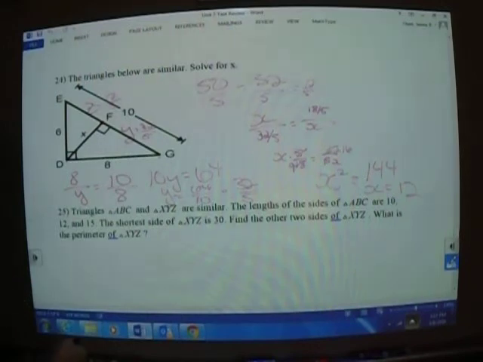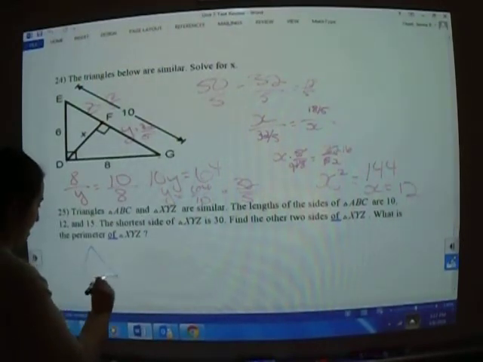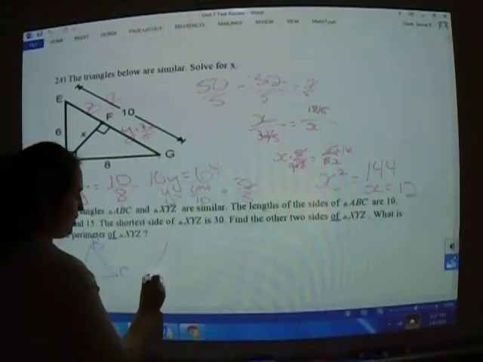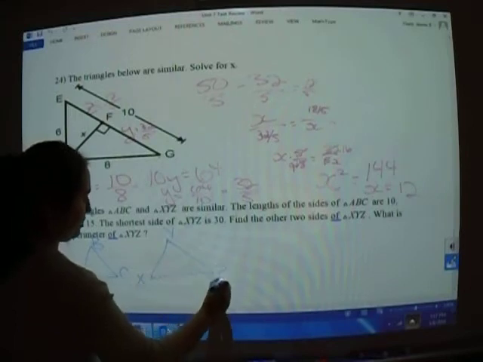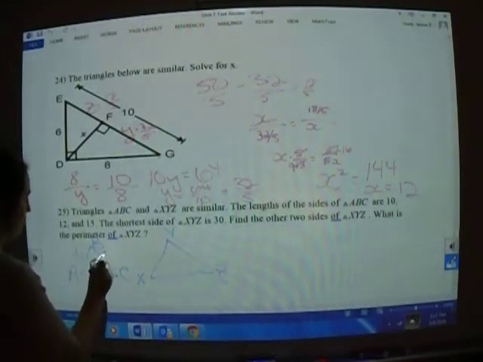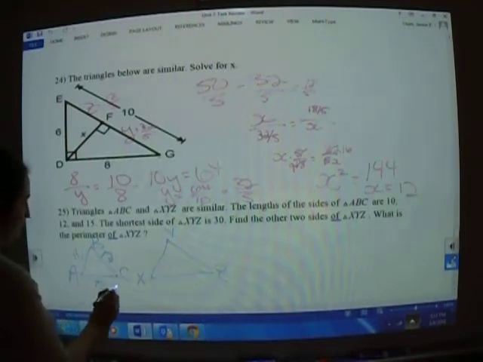B are similar. So let's draw these. Triangle ABC, triangle XYZ. They're similar. They're not supposed to be the same size, but you know. Alright, so the lengths of triangle ABC are 10, 12, and 15.